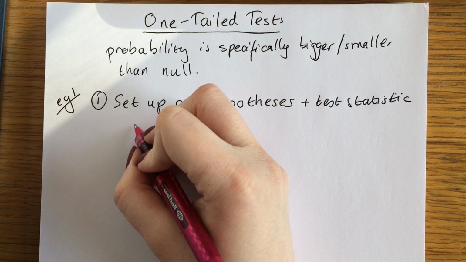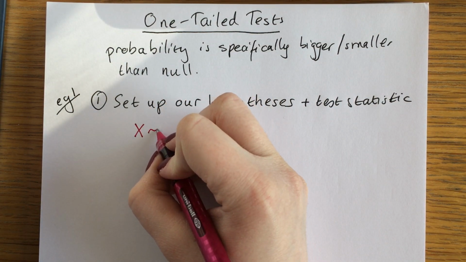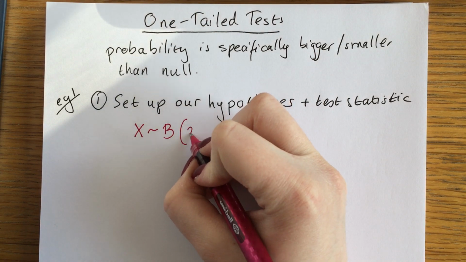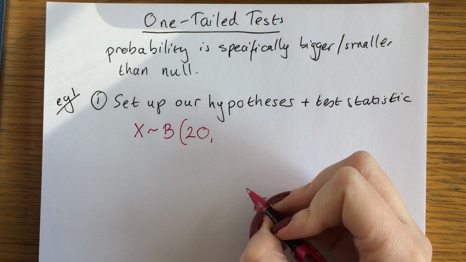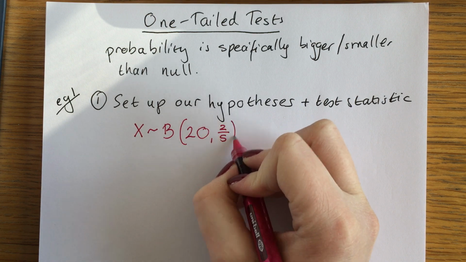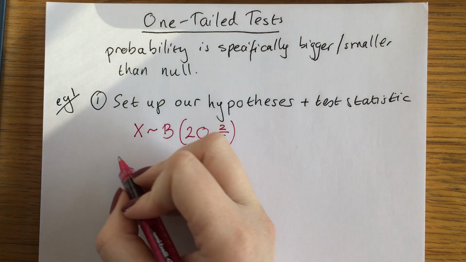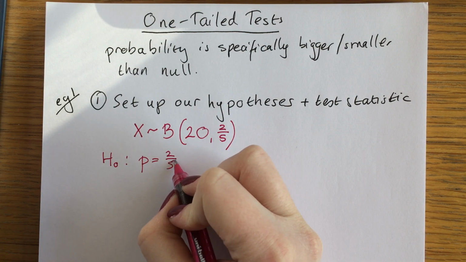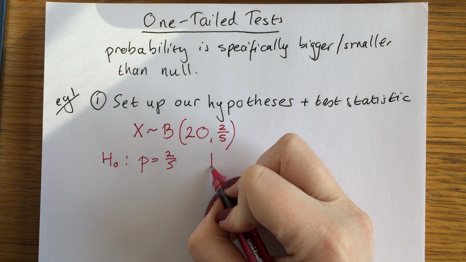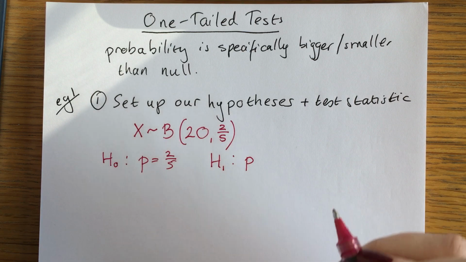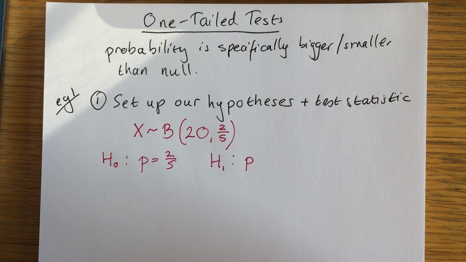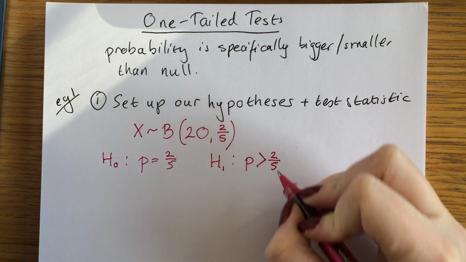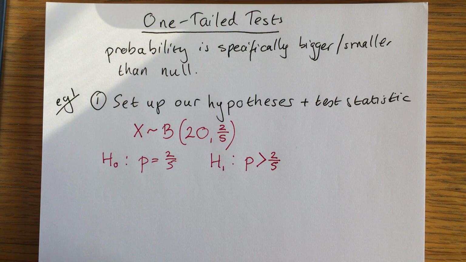So our test statistic is that our variable X is binomially distributed, and we're looking at a sample size of 20 patients, and at the moment we believe the probability of success is 2/5. So our null hypothesis is that the probability is equal to 2/5. Our alternate hypothesis is we think that this drug is more successful now. We think there's been an improvement. So the probability of success in curing patients is greater than 2/5.